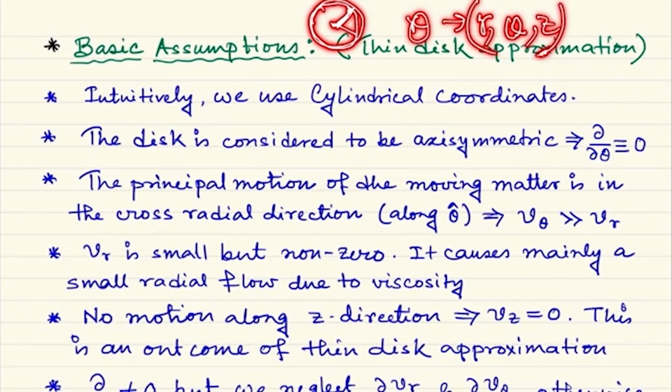So when we talk about axisymmetry, it says that no properties will depend on theta.